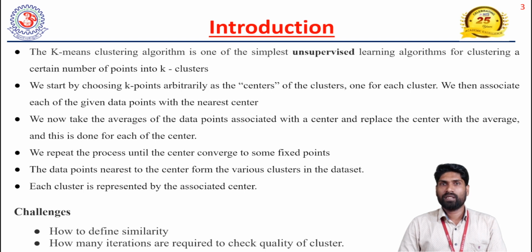Then again, with the newly formed centroids, we will calculate the distance to each and every point. Again, we will classify the points into different cluster centers, and this process will repeat until it converges. So that entire process we are going to explain in detail.